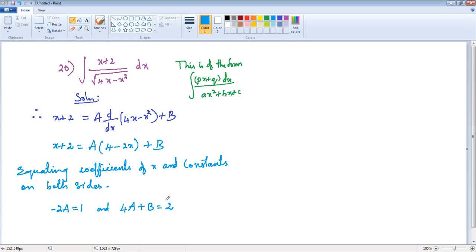Now you check up, find out a and b from this. Okay, simplify it and find a and b, and you get the values.